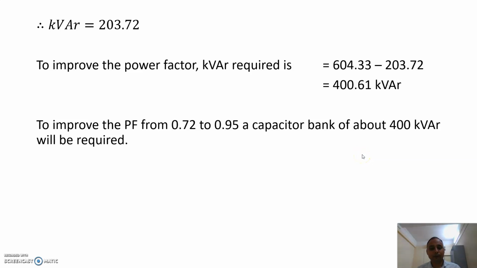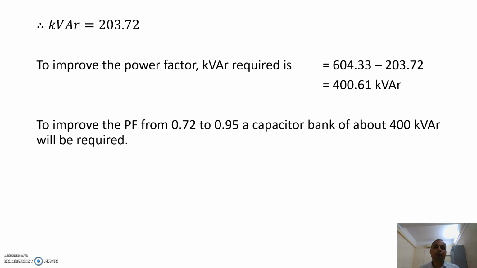This is how we can determine the value of kVAR required to improve power factor in any industry from a certain value to another value. If the power factor values are given and one of the power values is given, usually the kilowatt power, the active power has to be kept constant. Even though we change the power factor, the active power consumed by the equipment has to be kept constant.